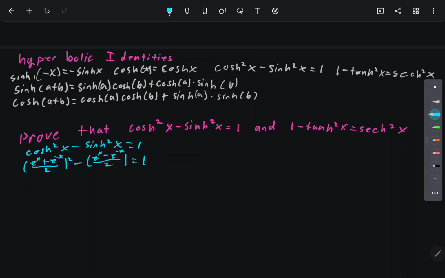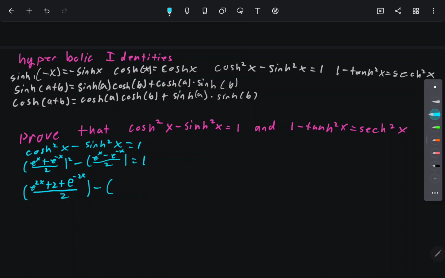So we have e^x times e^x, so it's just e^(2x), plus twice the product of these two, e^x times e^(-x) is just 1, times that by 2, we get 2, plus e^(-x) squared is just e^(-2x), all over 2, minus.